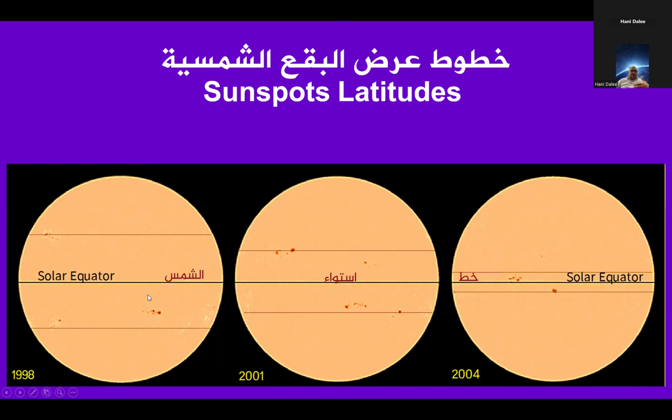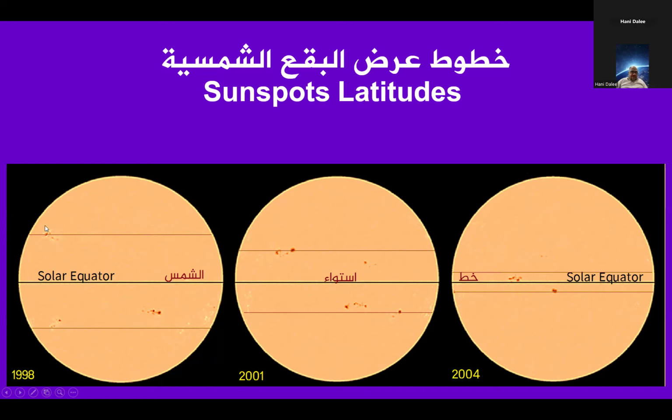With the progress of the solar cycle, more sunspots will be appearing, and they are appearing closer to the equator. Around the maximum, the peak of the solar cycle, we are talking about 2024, 2025, 2026, most of the sunspots appear very close to the equator.